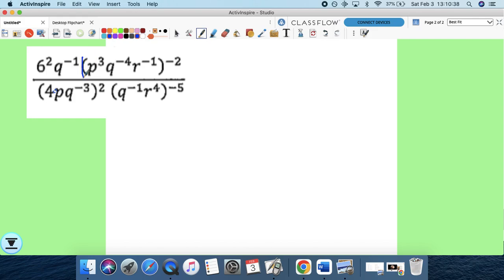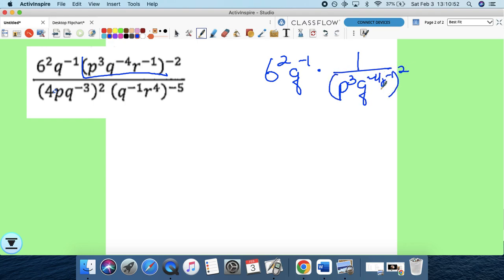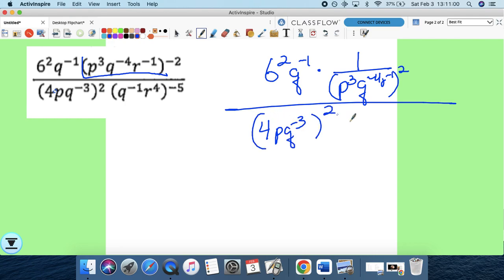Again, if you look at this, you could start the problem like 6 squared, q to the negative first, times, and you want to put this whole thing as a fraction, right? P cubed, q to the negative 4th, r to the negative, make that into a positive exponent over 4p q to the negative 3rd times 2. And again, because it's negative, we move it up.